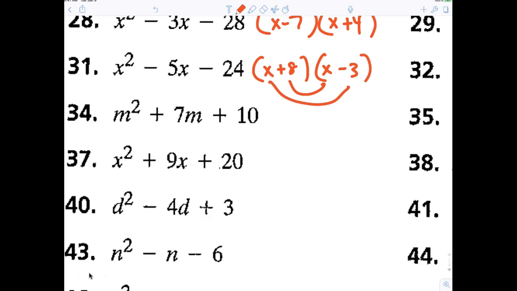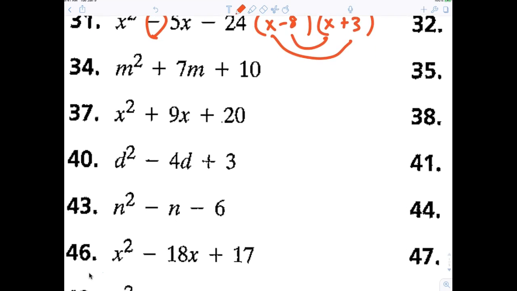Which would make... No. If you're adding them, oh, we want it to be what? So it should be... Yeah, it should be what? Negative 8 and positive 3. Good? You all right?